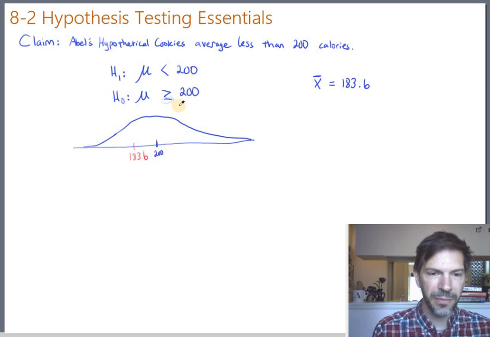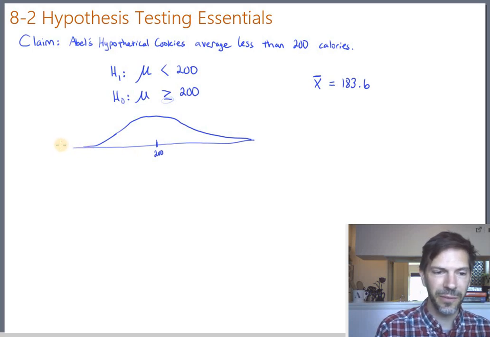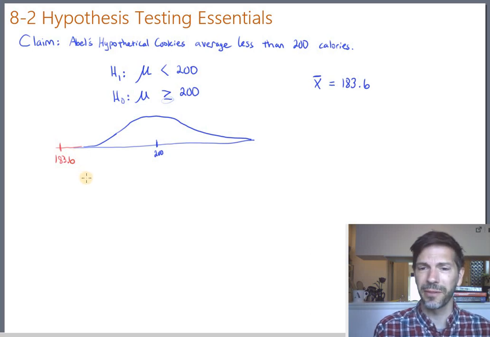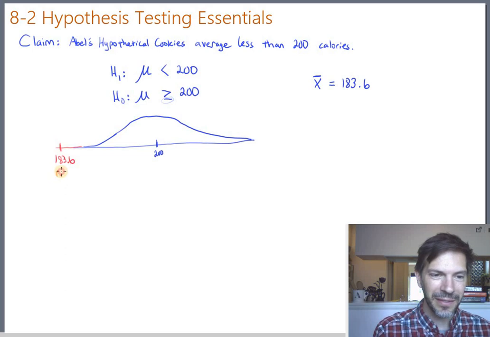The other possibility is that when you crunch the numbers, you find out that 183.6 is down here. And then you're like, if the mean is 200, then 183.6 basically should never happen, or its probability would be incredibly tiny. Right? This is the sort of case where we would reject the null.